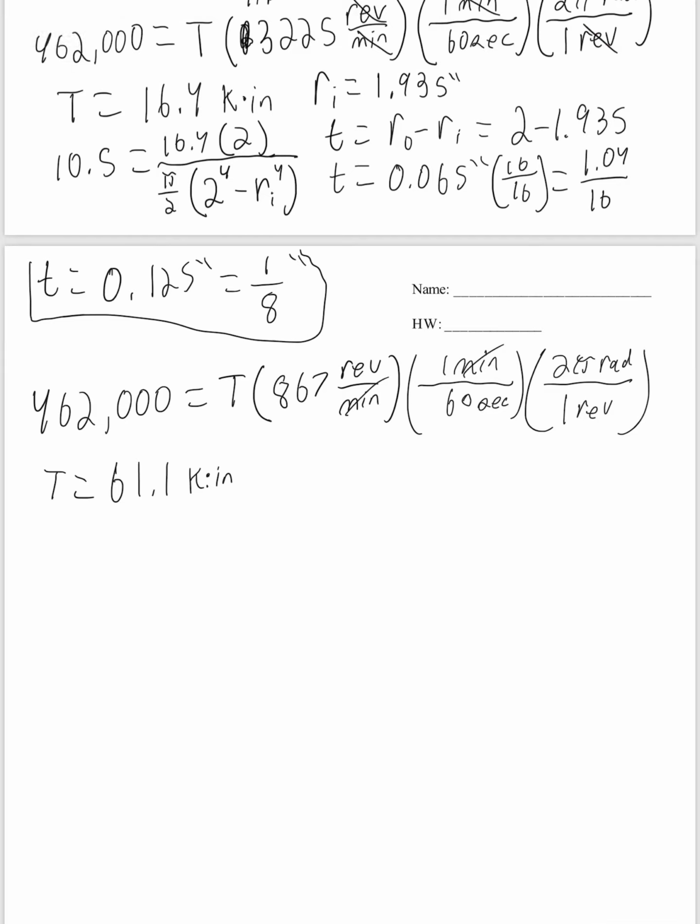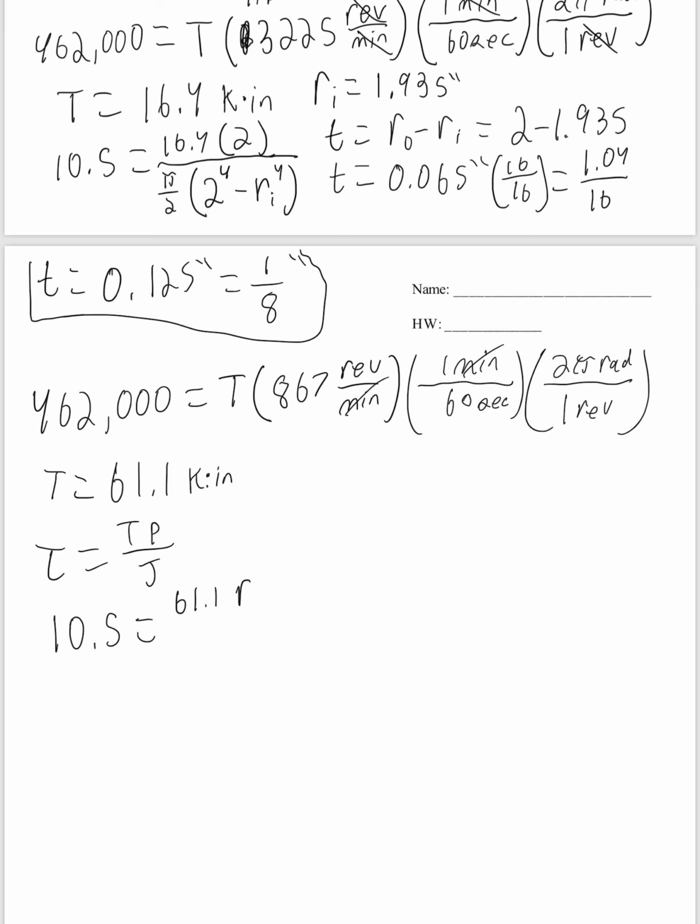So now that we have that, we can plug that in our shear equals T rho over J. Again, we're using that because that is the only stress that develops due to torsion. We said our allowable shear is 10.5 ksi. We found our torque to be 61.1.